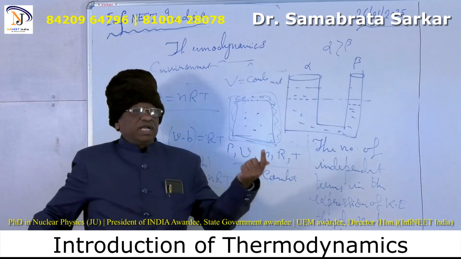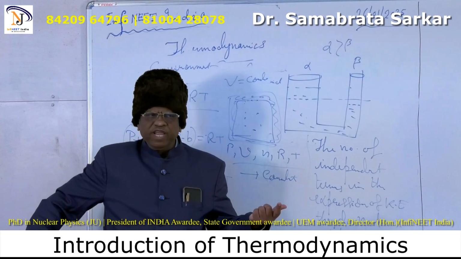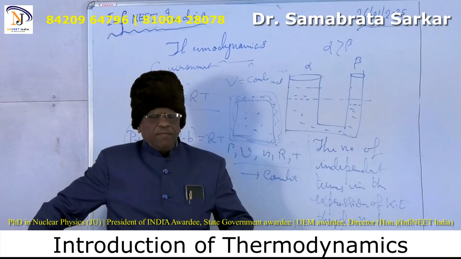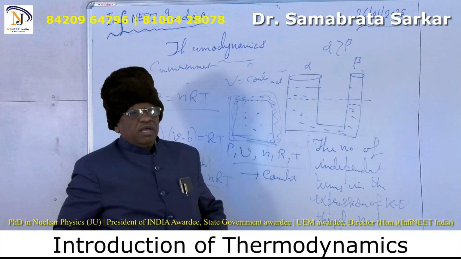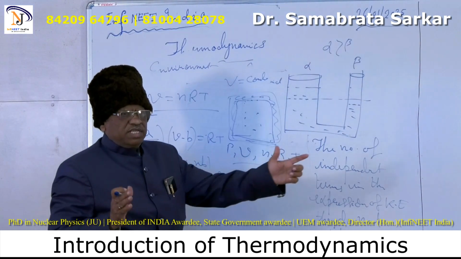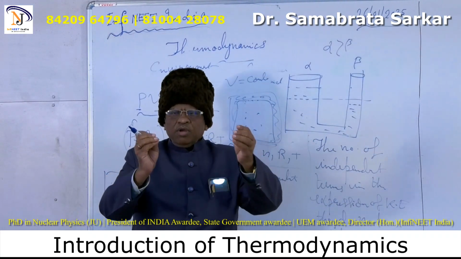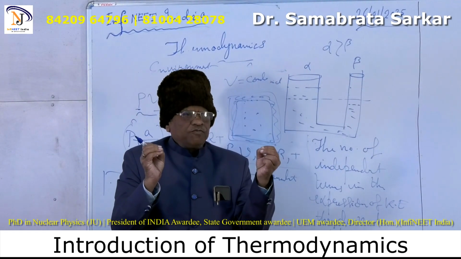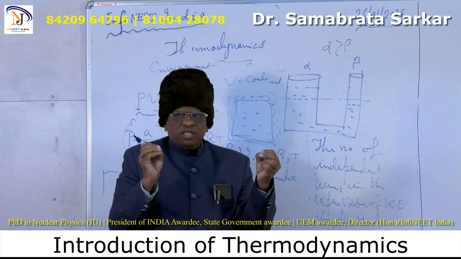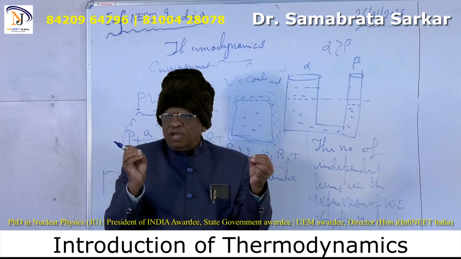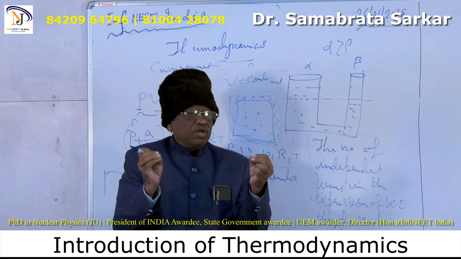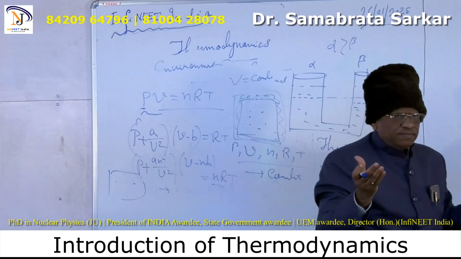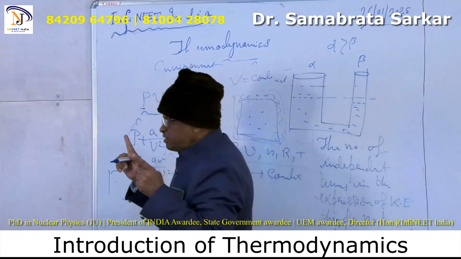But if I go outside the room, my voice will be a little faint. And gradually, if we leave this campus, you won't be able to hear my voice. So distance is a parameter. When the distance is very high with reference to the size of each molecule, we can assume that the attraction force between two molecules is not there. So there is no question of potential energy. Clear? This is very important.